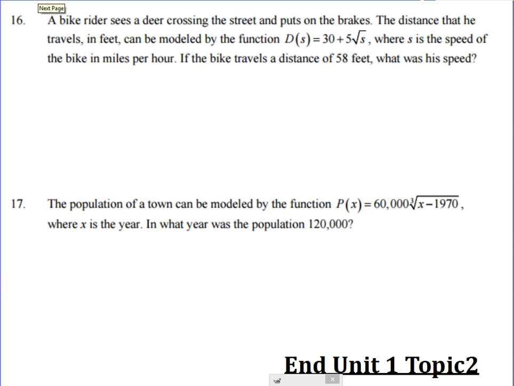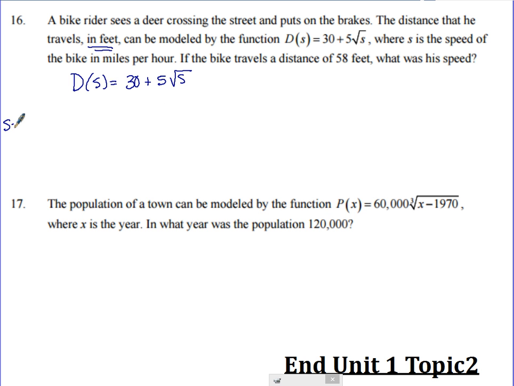Alright, last two problems, and that's the end of Unit 1, Topic 2. It says a bike rider sees a deer crossing the street and puts on the brakes. The distance that he travels in feet can be modeled, this is important because we're going to be using units, by the function d of s, distance dependent upon your speed, is 30 plus 5 root s, where s is the speed of the bike in miles per hour.